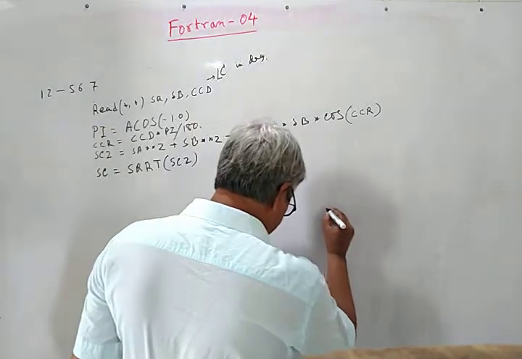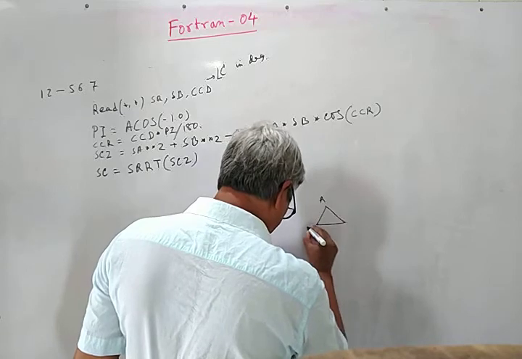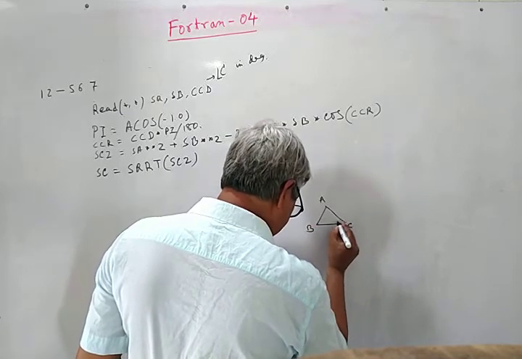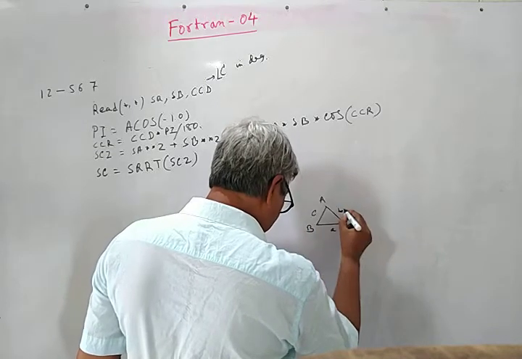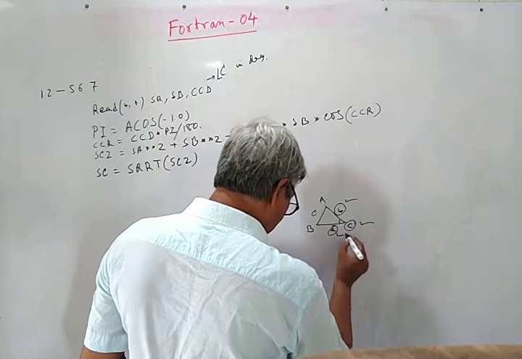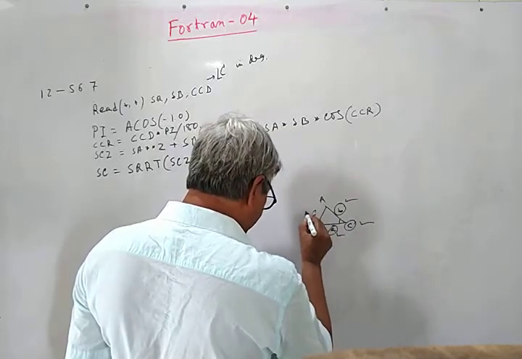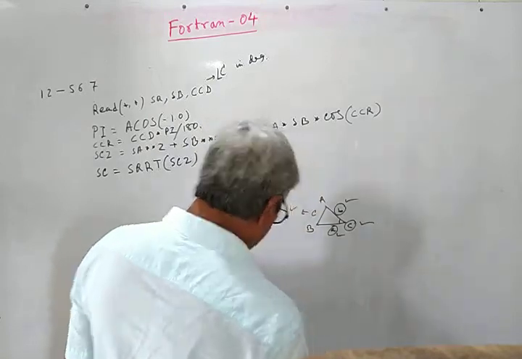So let me again see the problem. A, B, C. This was given, this was given, and this was given. These three were given. This has been calculated already.